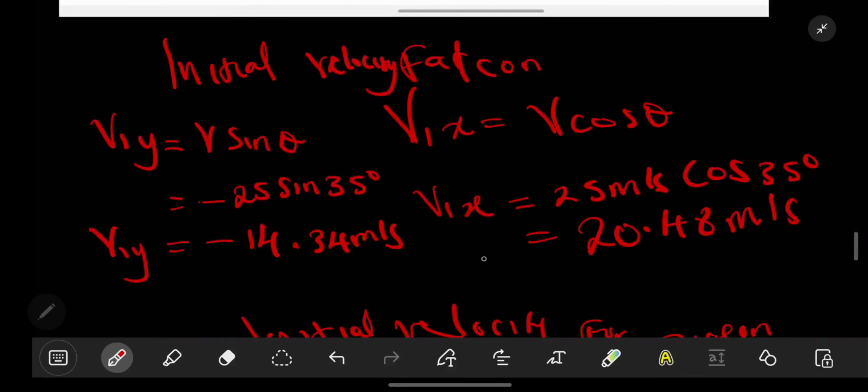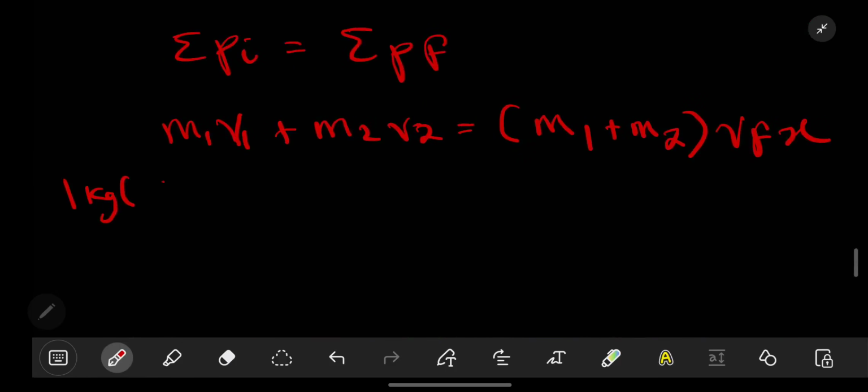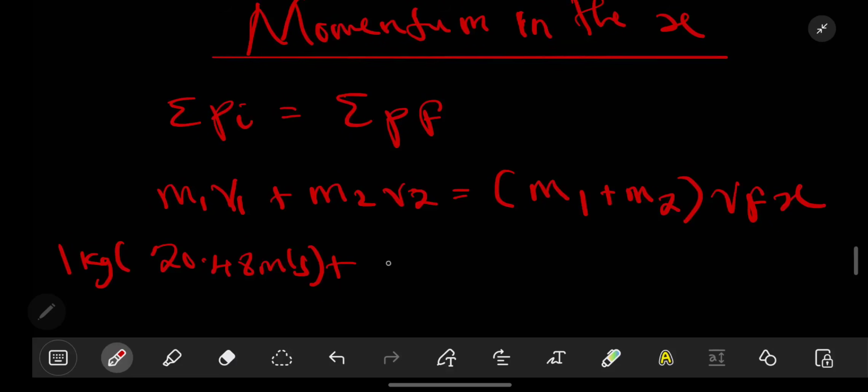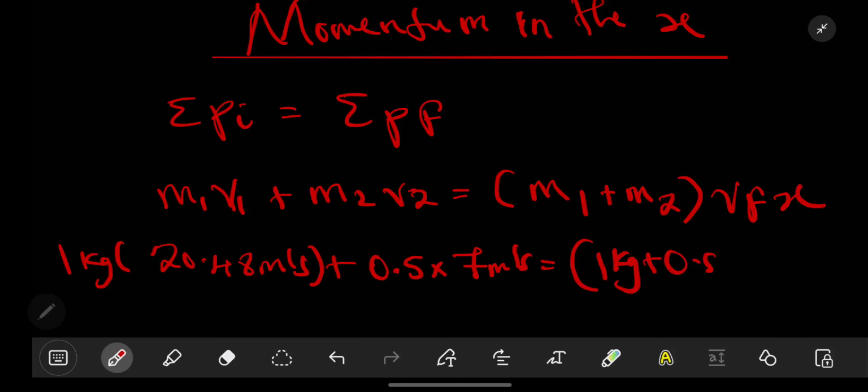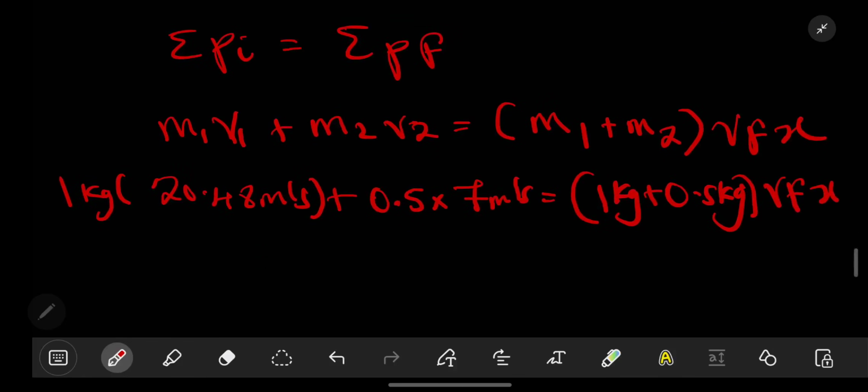If you recall, we found the x to be 20.48 meters per second, plus our mass 2, which is 0.5 for the pigeon, times 7 meters per second, should be equal to the mass of the falcon plus the mass of the pigeon times the final velocity in the x-axis.